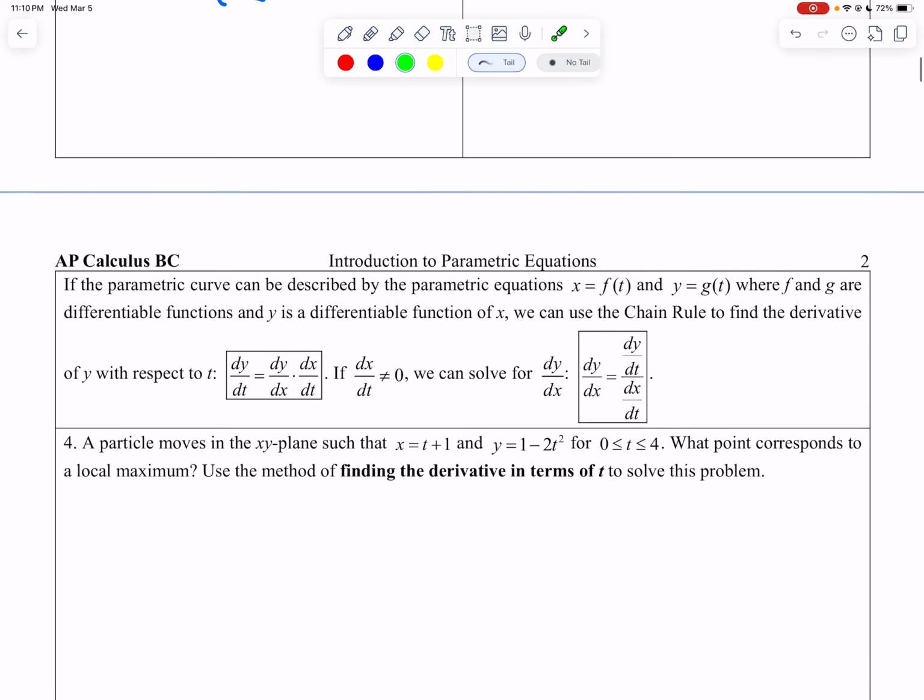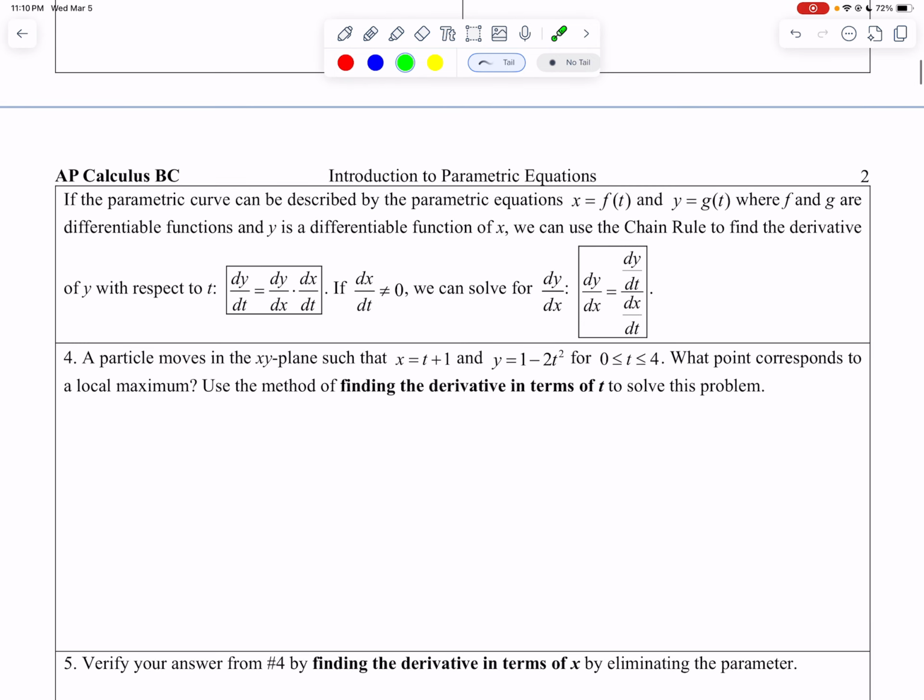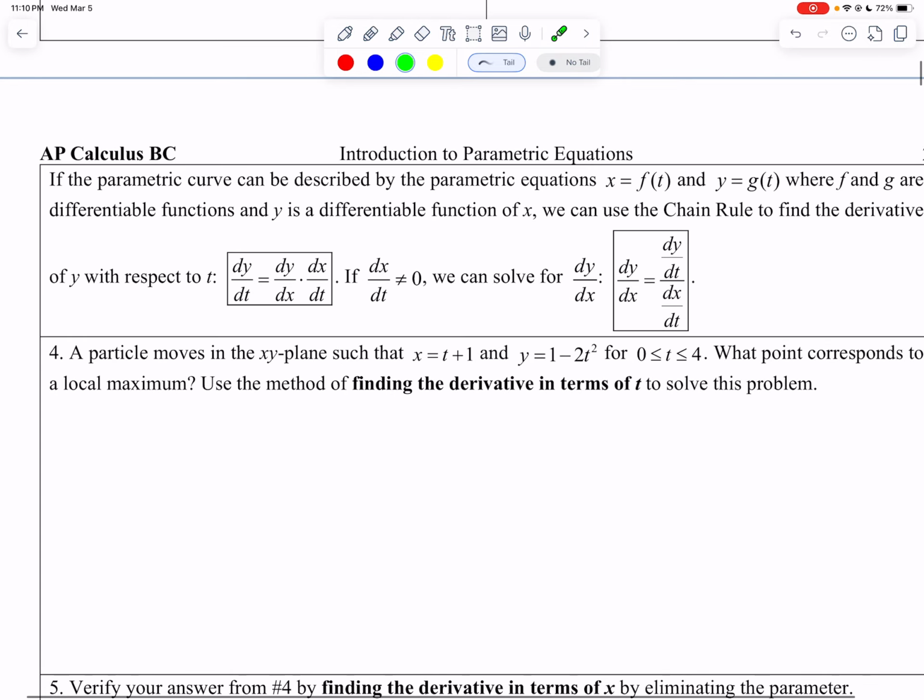All right, so that was just a little review of eliminating the parameter. What we're going to do now is use the chain rule for parametric equations to get this derivative right here. Notice how whenever we are taking the derivative, we are taking the derivative with respect to t.